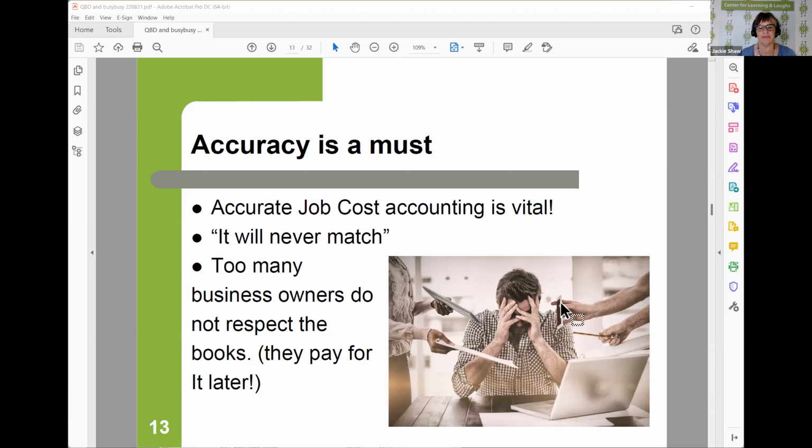The data entry isn't being done correctly, and then they don't trust the financials, and then they don't even look at the financials, and 3 years go by and they've never looked at their financials because they gave up on them. It gets real bad real fast.